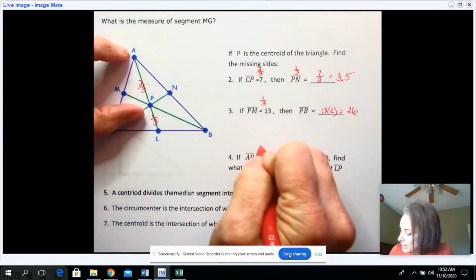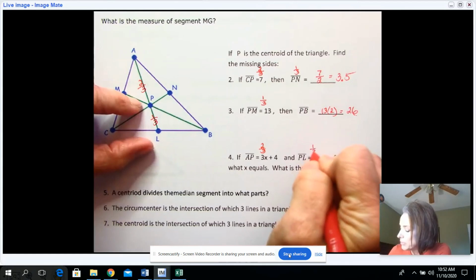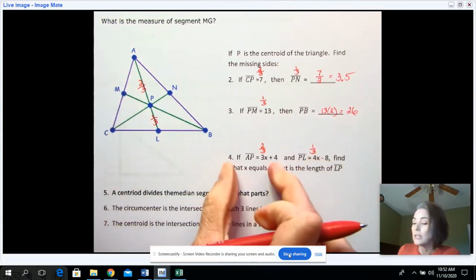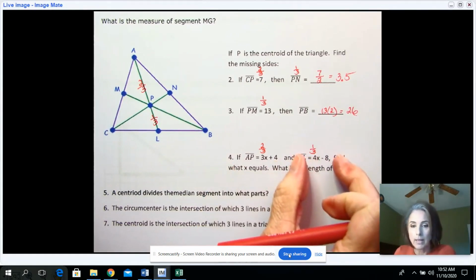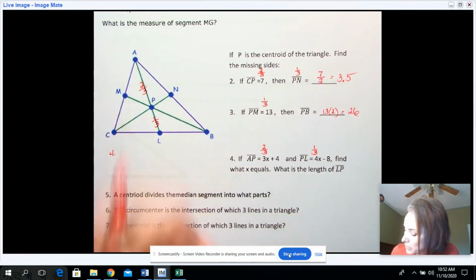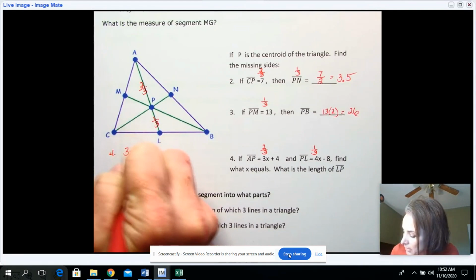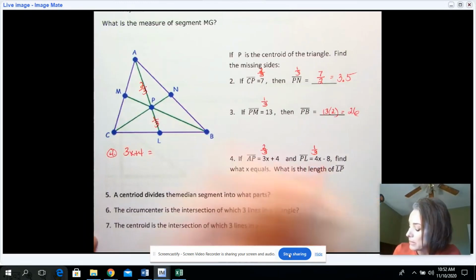AP, again, is the 2/3 part, and PL is the 1/3 part. So we're going to write an equation: 2/3 equals this doubled. So if I double this, I get the other one. So we're going to have 3x plus 4 equaling 2 times 4x minus 8.